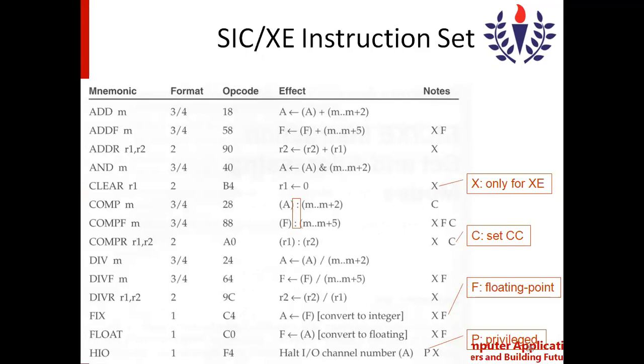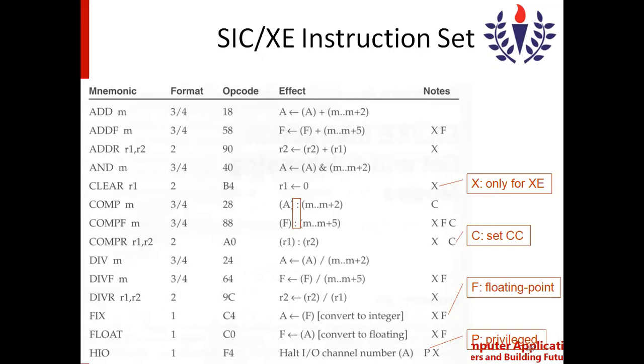So if you look back, let us have a recap on the SIC/XE architecture. In SIC/XE, we have the memory with a capacity of 2 to the power 20 bytes, which is extended memory, or we can say larger memory, compared to the SIC machine.